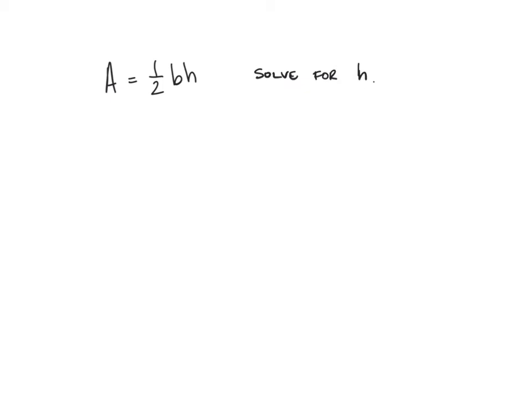So I'm going to start by multiplying both sides by 2. Of course, this equation is a equals 1/2 base times height, or b times h, which is the equation that we use to calculate the area of a triangle. So we're going to solve for the height.